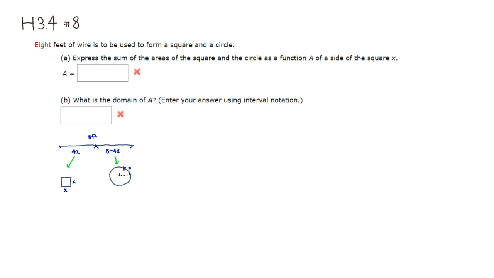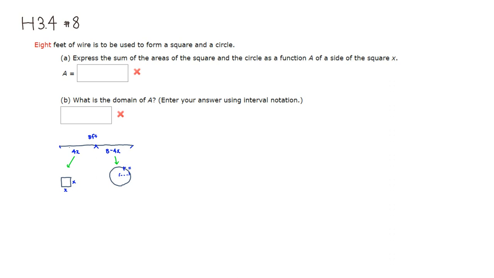You have 8 feet of wire total, and I'm going to use 4x of it to form a square. The rest of it, which is going to be 8 minus 4x feet, is going to be used to form a circle.